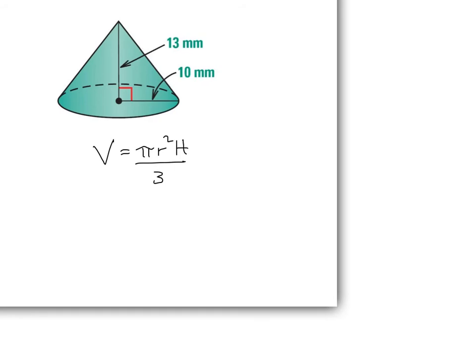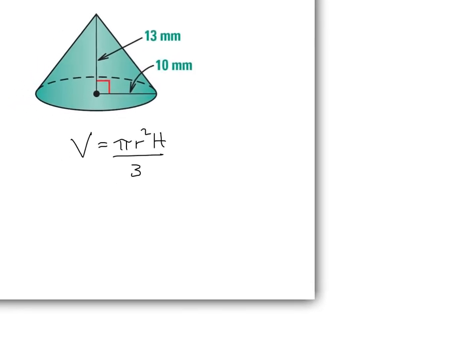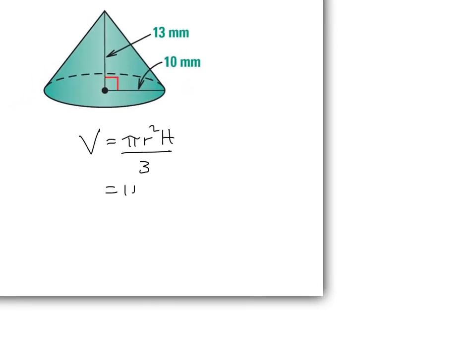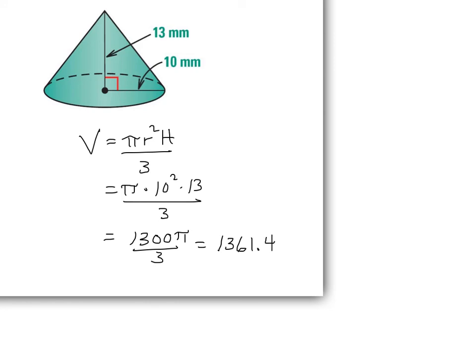Now when I plug these in, I've got pi times the radius squared, which is 10 squared, times the height of 13, divided by 3, which gives me 1,300 pi divided by 3. And when I take 1,300 times pi and then divide that by 3, I end up with 1,361.4, in this case, millimeters cubed.